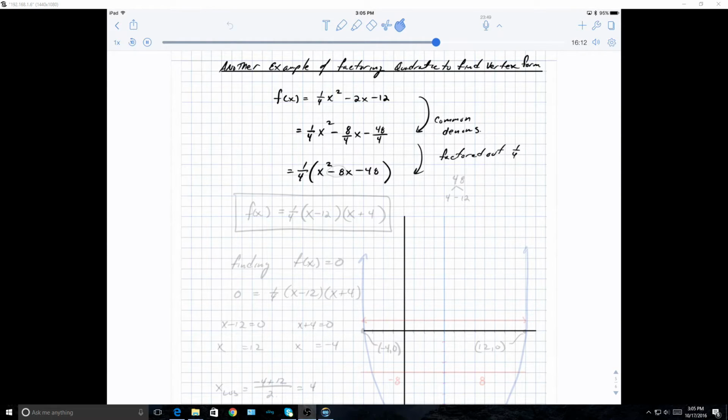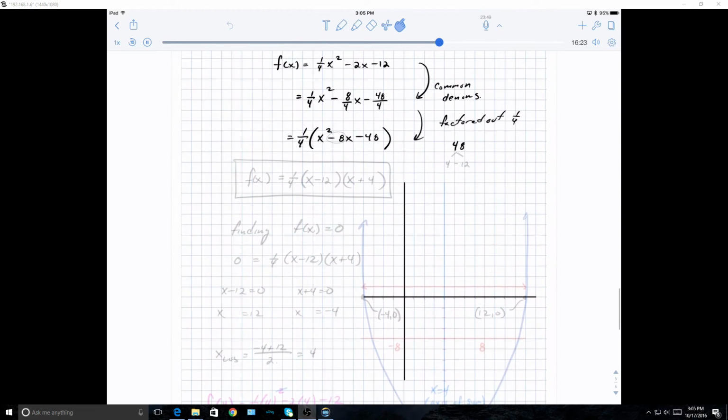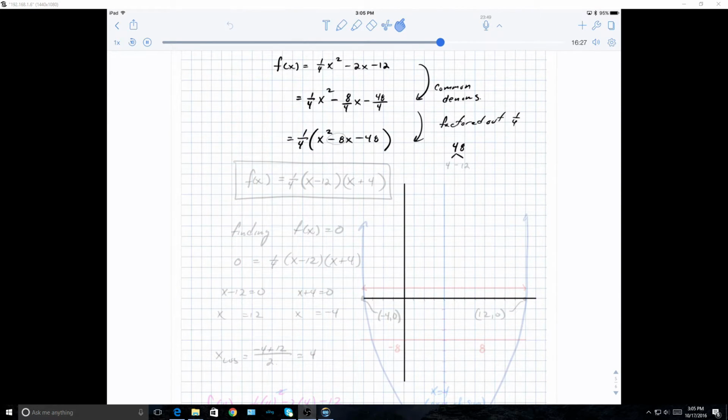So what we do know is that the factors of 48 that do combine to 8 are going to be 12 and 4, right? Those are going to be the easy numbers. So if I look at the factors of 48 and say that it's 4 and 12, then we can actually make a combination of 8 if we have a negative 12 and positive 4, because we want to make that negative 8 right there.